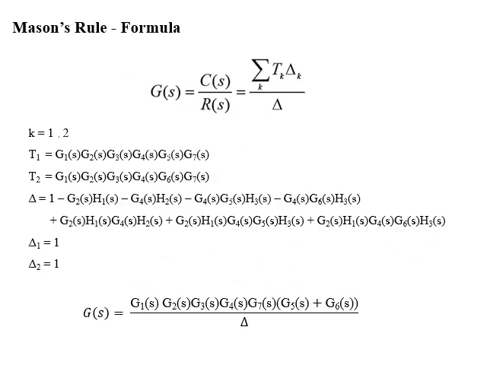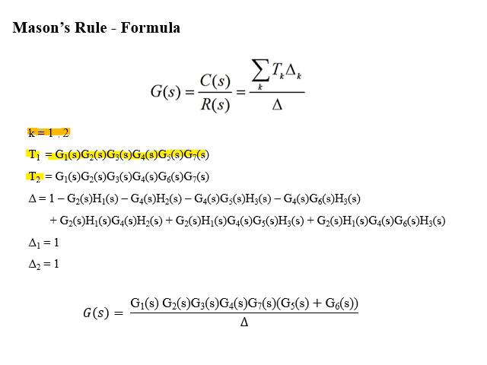Dear students, in the given example, we know that we have 2 forward paths, so k will be equal to 1, 2, and their forward path gains are represented by T1 and T2, where T1 is equal to the product of G1(s), G2(s), G3(s), G4, G5 and G7.